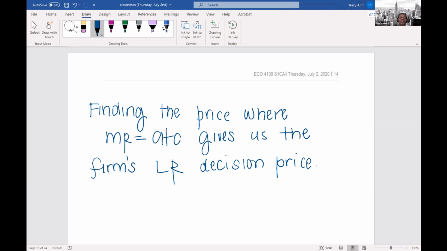Basically, you know what? Let me just say it this way. Actually, if I say finding the price where price is equal to average total cost, I'll come back with marginal. Don't worry. So I'm saying find the price where price is equal to average total cost gives the firm's long-run decision.